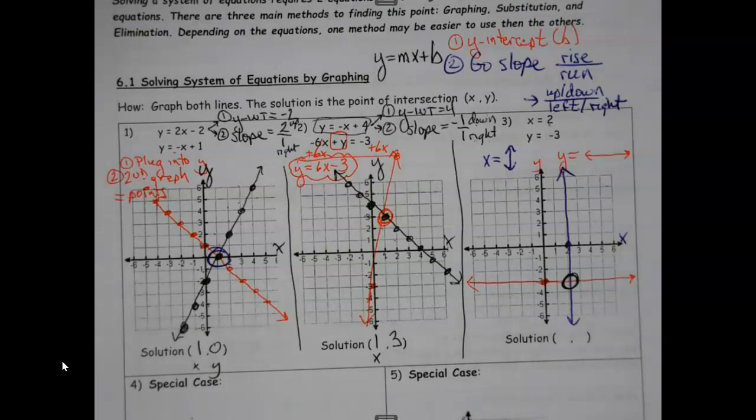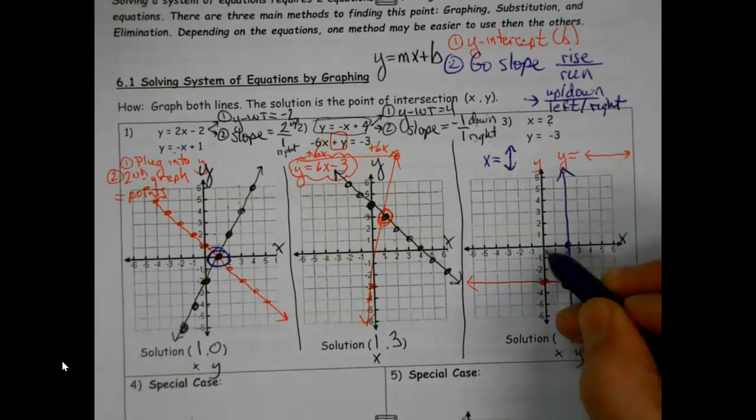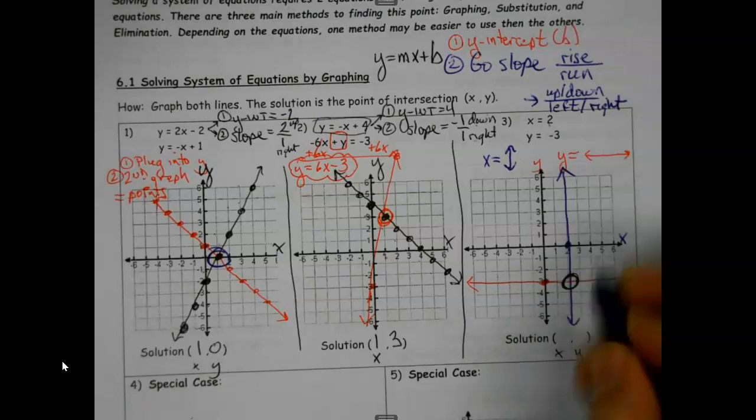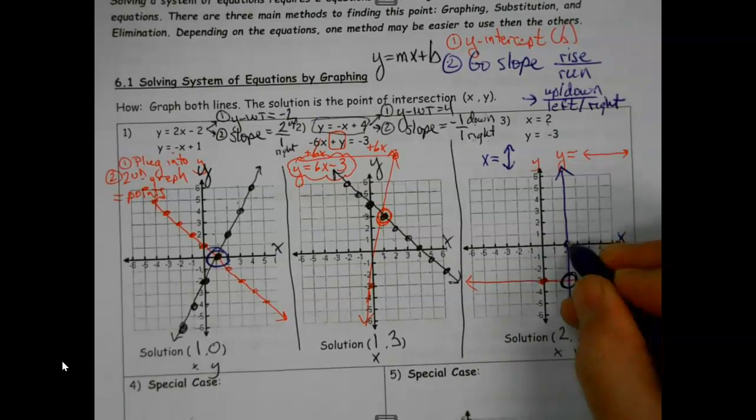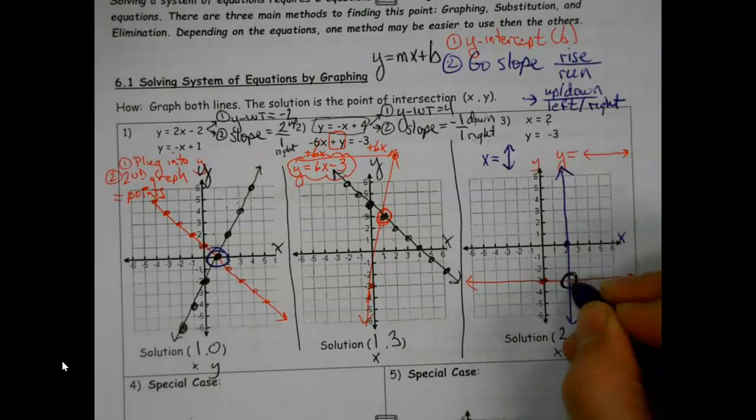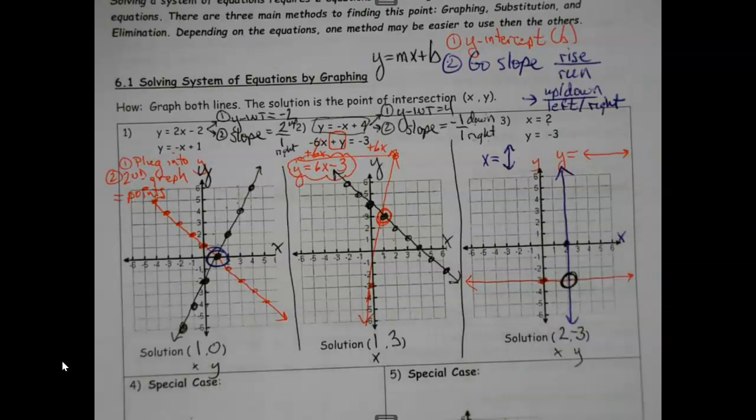That's all I need with all these, is the intersection. And so again, to get my answer, find the x value, find the y value of that point, and we're in business.